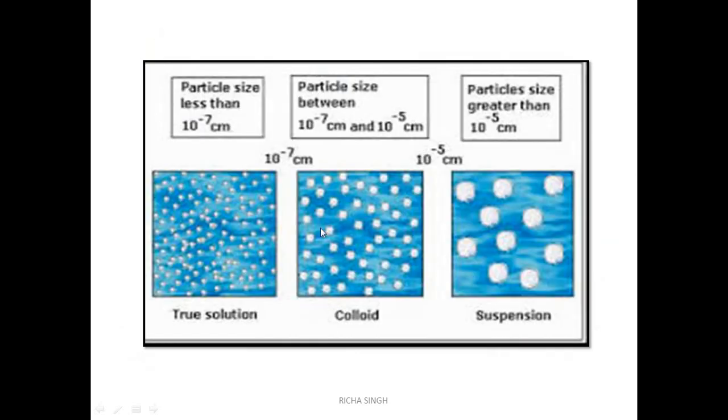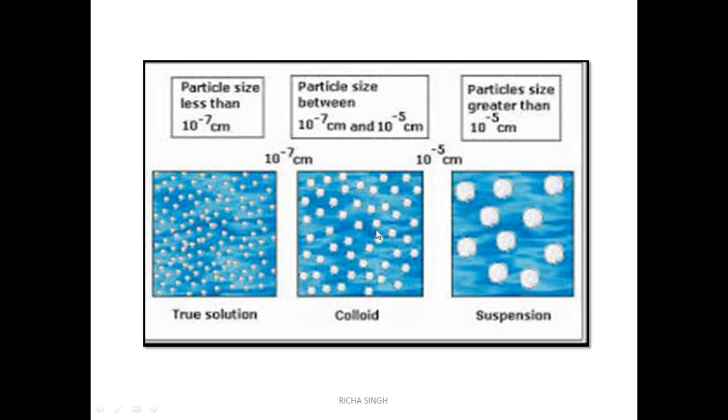Let's come to the third. The third topic is depending upon the size of particles. This we have to study in more detail. First is true solution. Here you can see the size of the particles is very small, approximately 10 raised to the power minus 7 centimeters. Such solutions are known as true solutions.